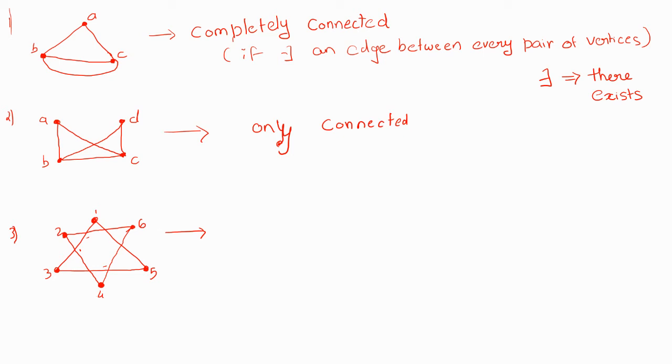Whenever you have vertices in bold or named, 1, 2, 3, 4, 5, 6, only these are the vertices, and these are the places where two edges get connected. These are simple crossovers, okay? They are just overlapped. They are not connected here.